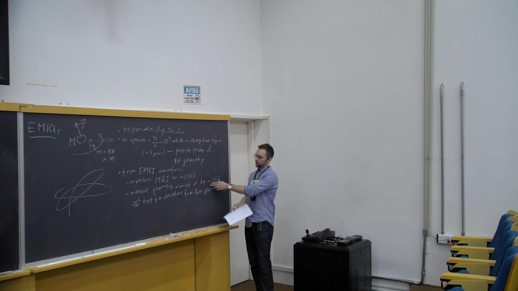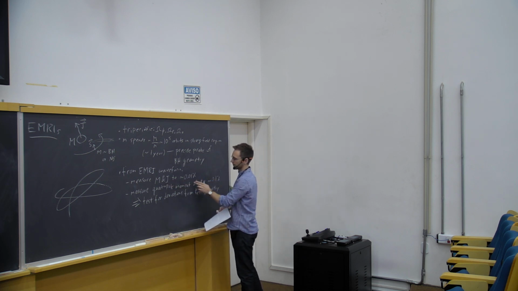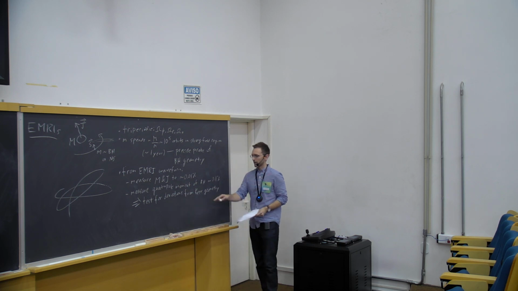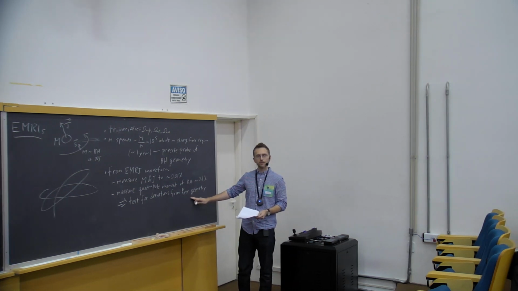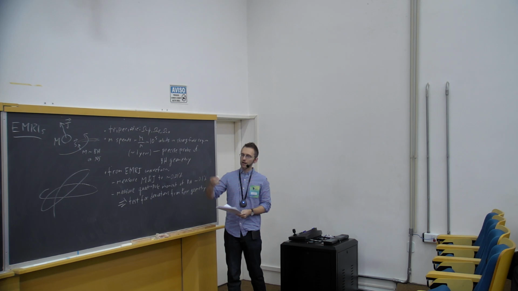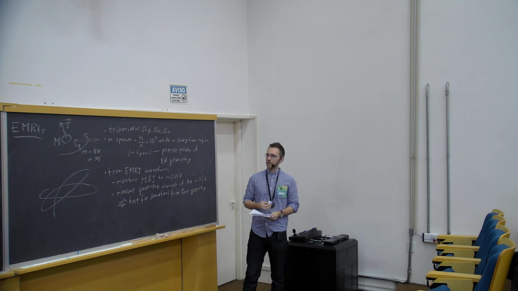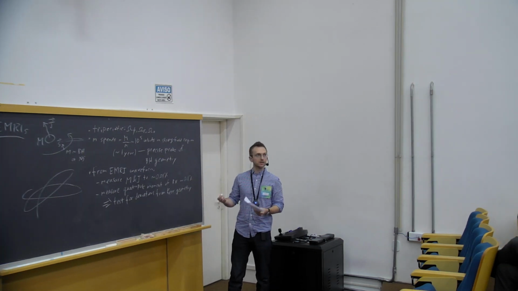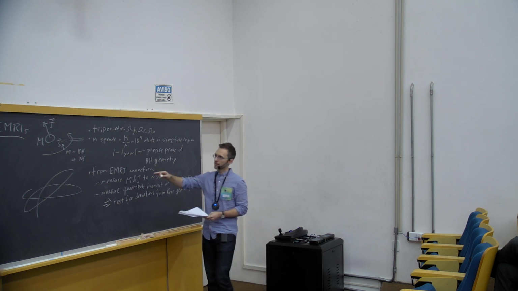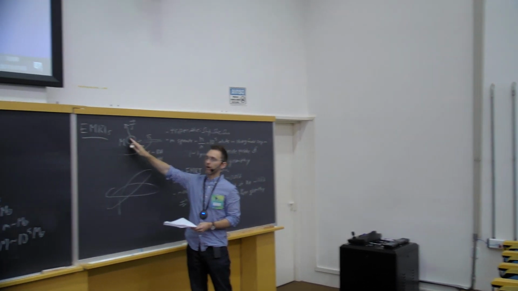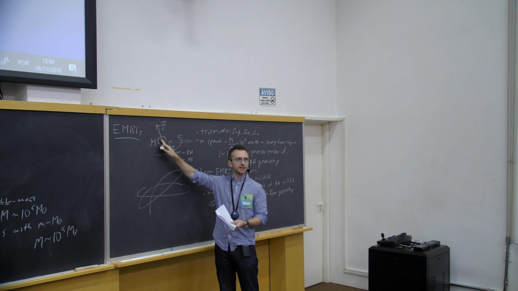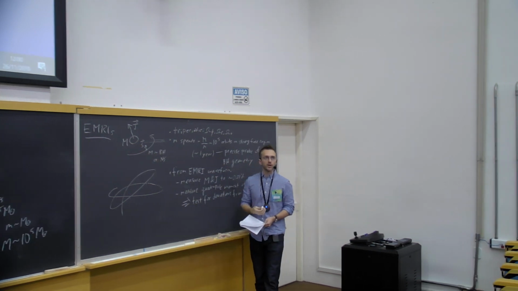So if we find that the quadrupole moment of the big black hole doesn't satisfy that relationship with the mass and spin, that will tell us that we don't have the Kerr geometry and we don't have a Kerr black hole. That means either general relativity is wrong, or we have some other exotic object that's ultra compact sitting there looking like a black hole, but actually isn't a black hole.